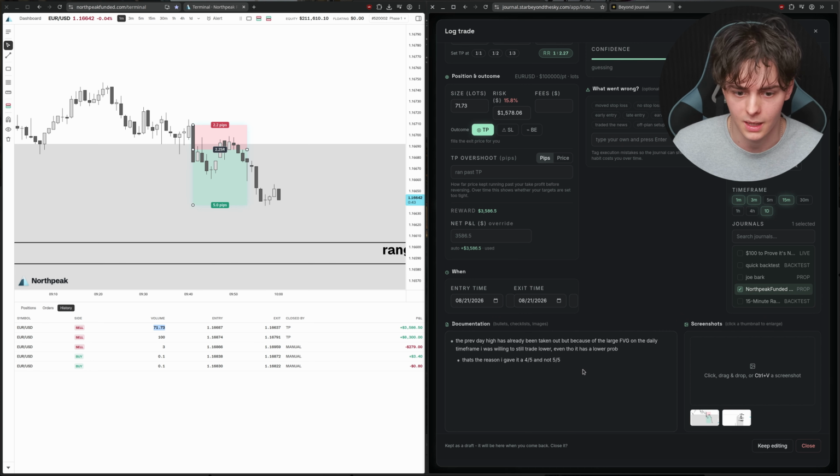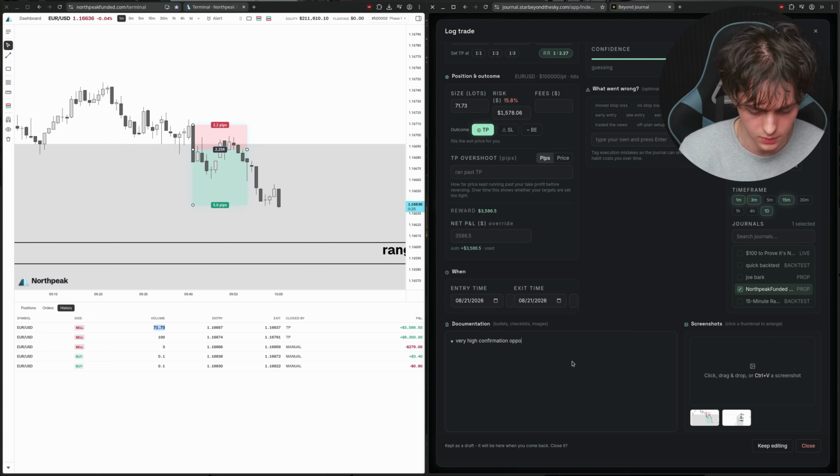And also let's remove all of this. Confirmation points for the higher time frame bias. That's why I did not change bias, even in the case where we would have traded higher.